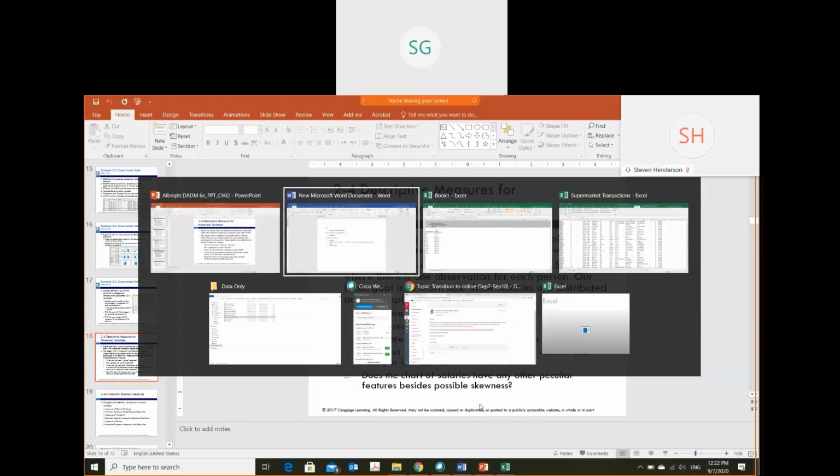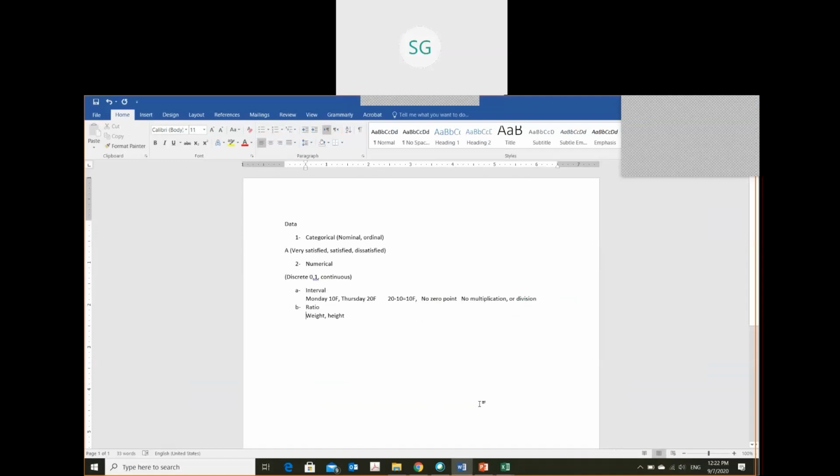So if we want to summarize this table with numerical variables, we are interested in these parameters.